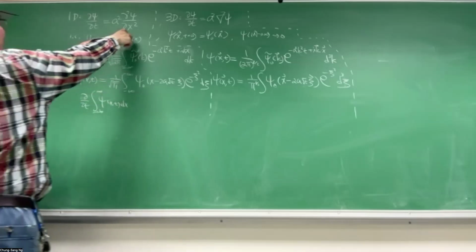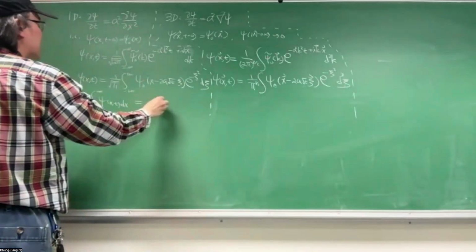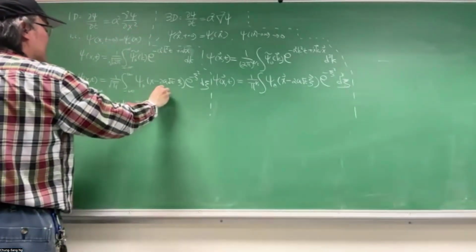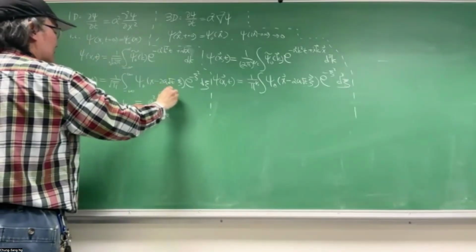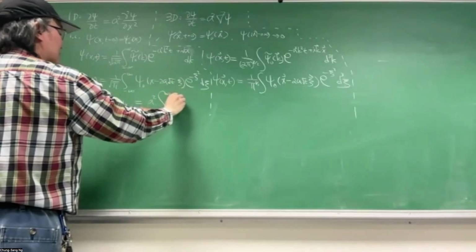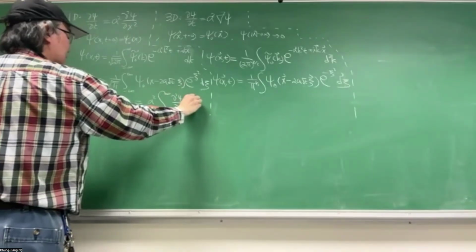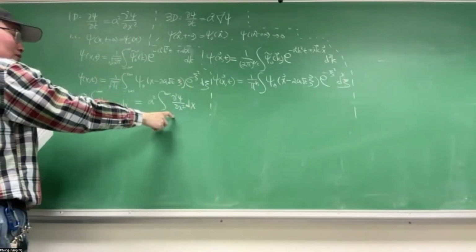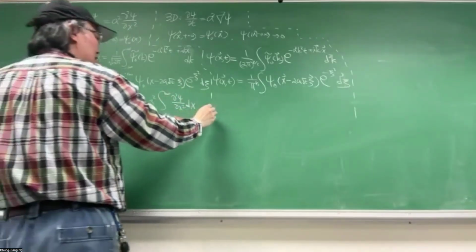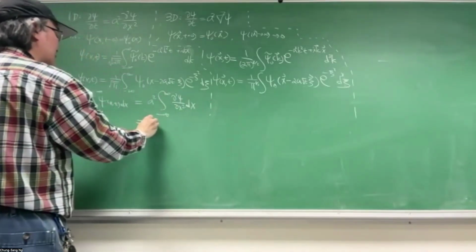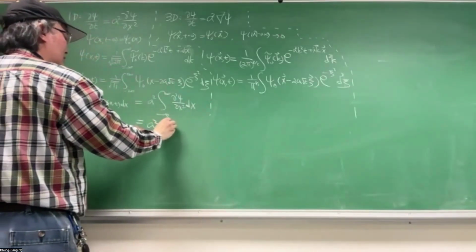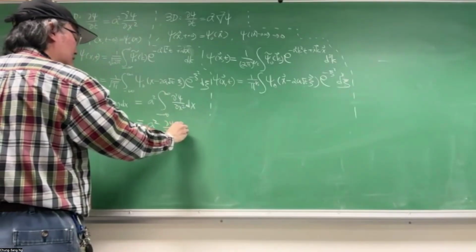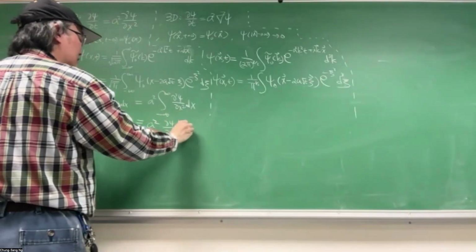And now the right-hand side is a second partial derivative of psi with respect to x squared, right? But this is a second derivative, and it's also a derivative, so you can write it down as a boundary term, partial psi partial x, from minus infinity to infinity, right?